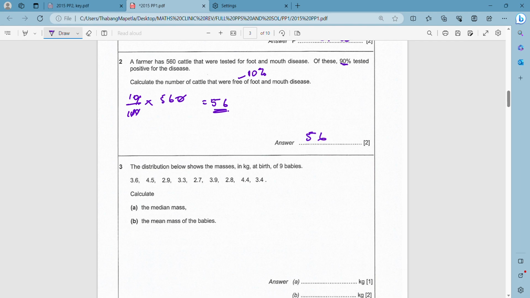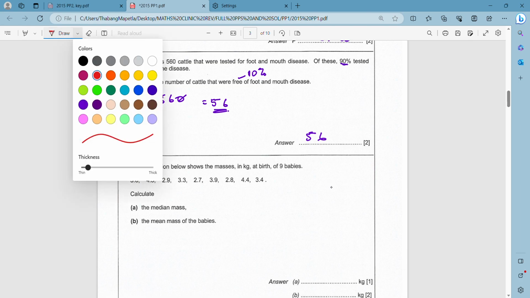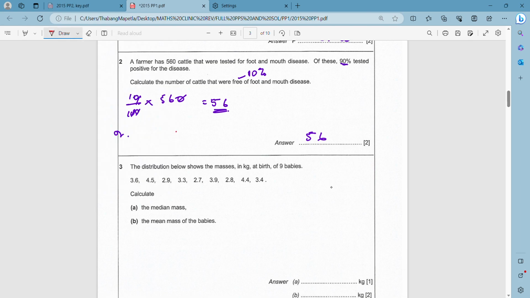Or you can first calculate those that have the disease. That is going to be 90% of 560. 0 cancels 0. Then you get 9 times 56. How much is it? I'm sorry, I'm just using the calculator on the side so I can make the video short. But these are basic things that we should be able to calculate.